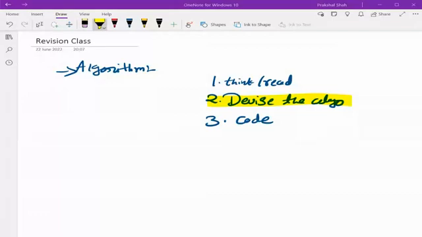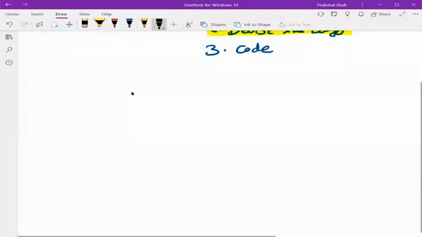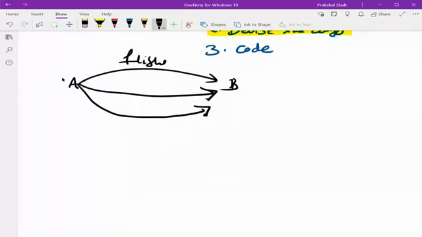But we have to think about some other way also. Let's say we took an example, I guess, of a flight. Wherever you have to go from A to B, you can go in multiple ways. You can either choose a flight, your own vehicle, or a cab.